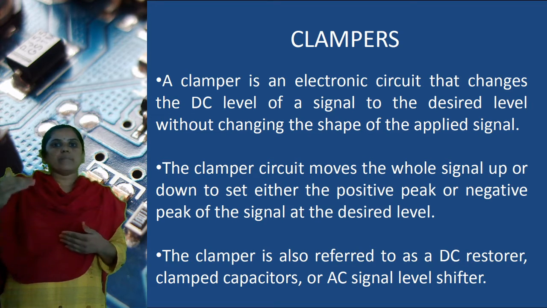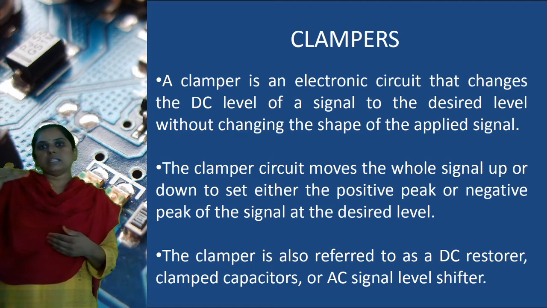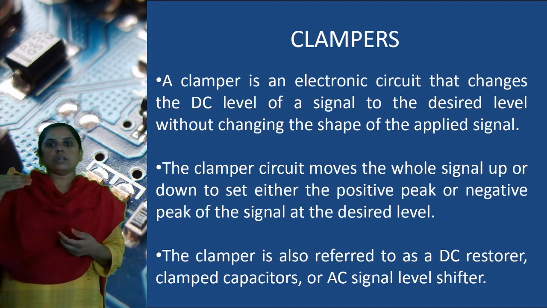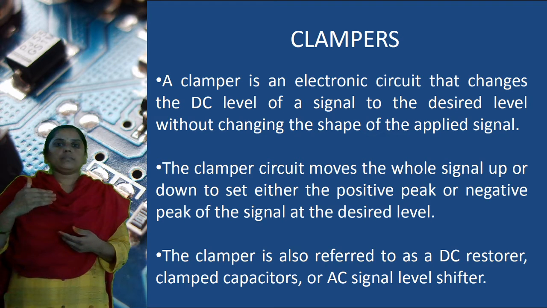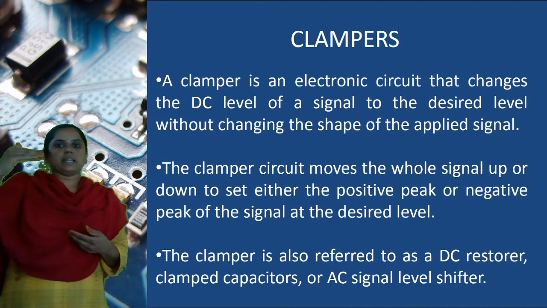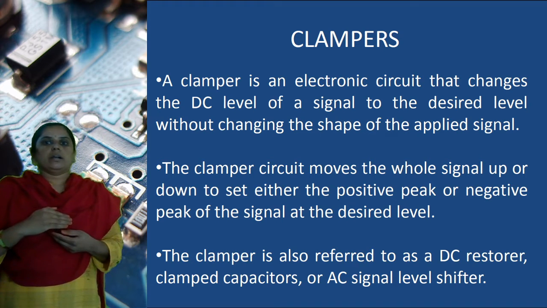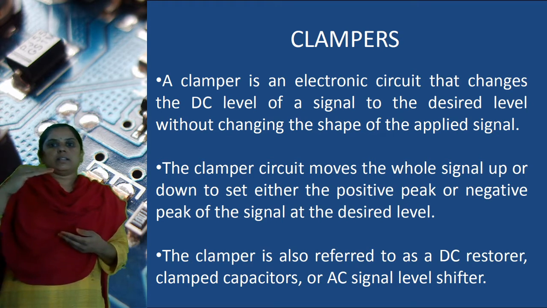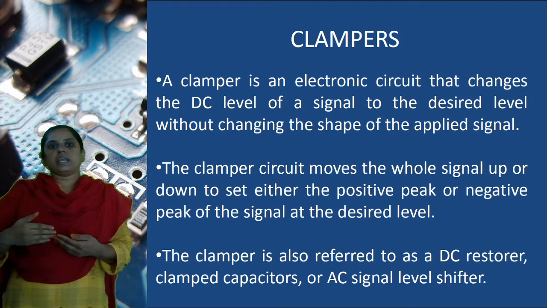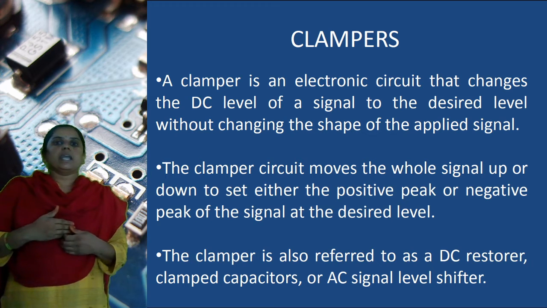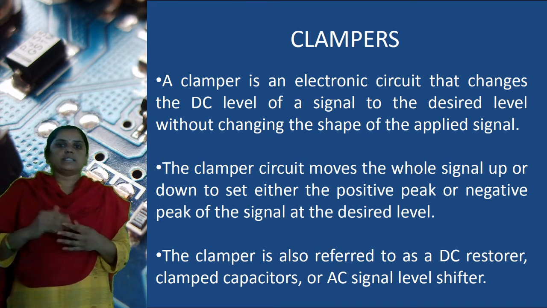So the clamper circuit moves the whole signal that we apply to the circuit upwards or downwards. Upwards means the complete signal moves to the positive side, and downwards means it moves to the negative side, at the desired level.